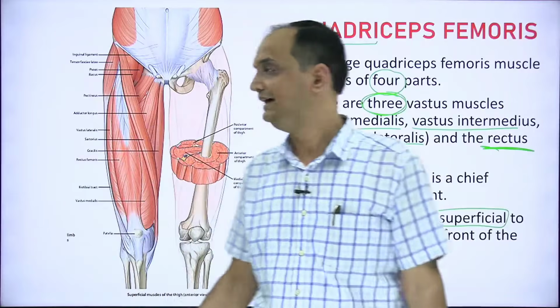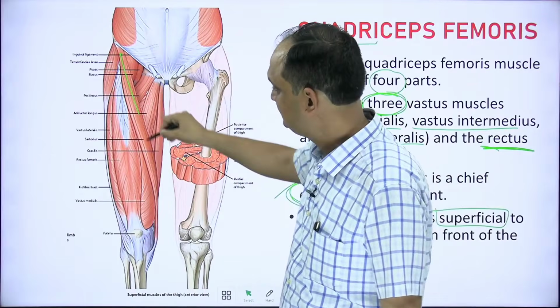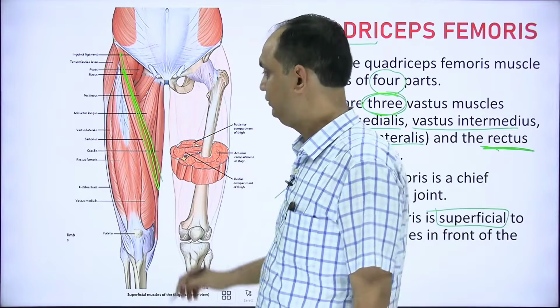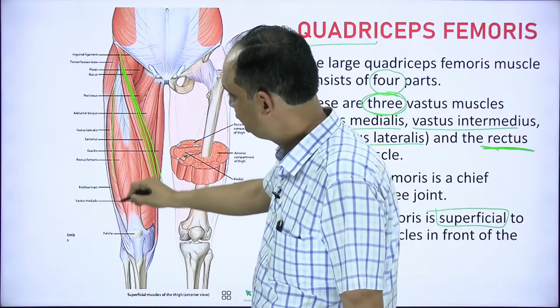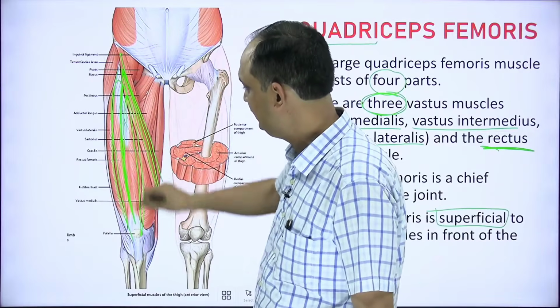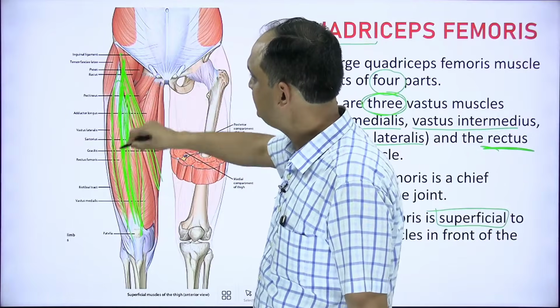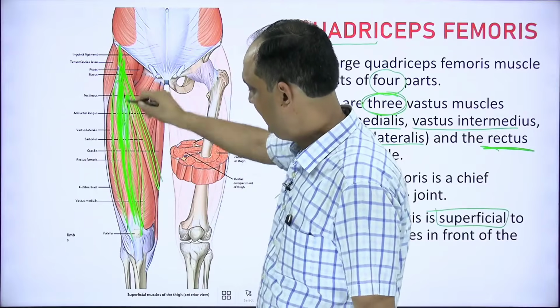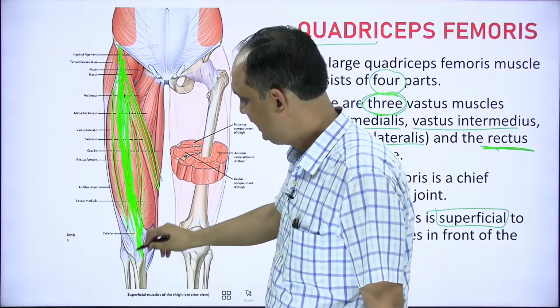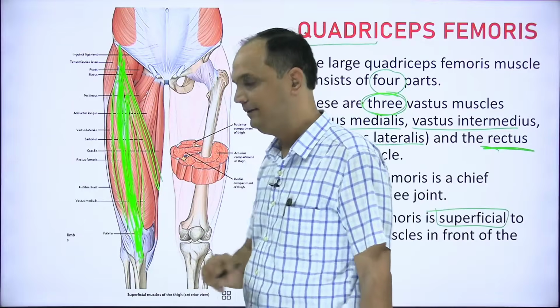When you do the dissection, you first see the oblique muscle, the sartorius. When you cut or remove the sartorius, you will find one more superficial muscle, your rectus femoris, which comes from above, goes down, crosses the knee joint and is ultimately attached to the tibia.